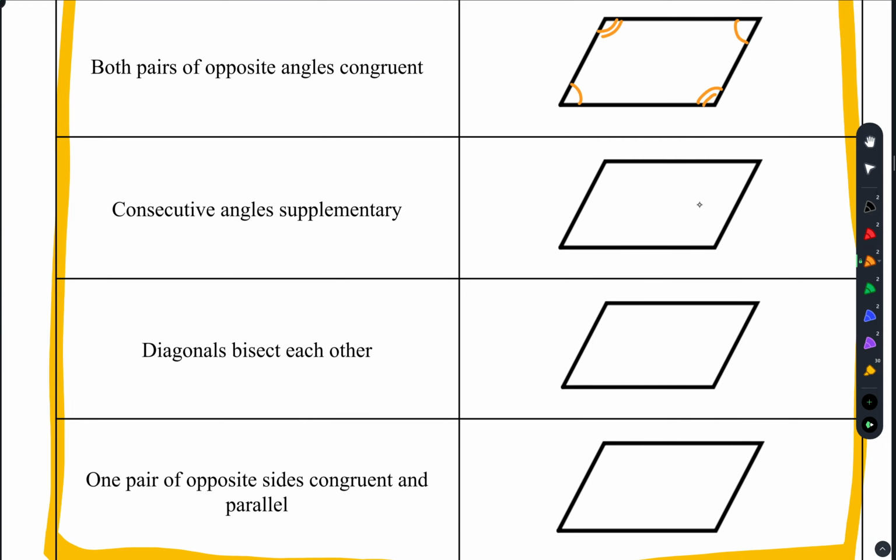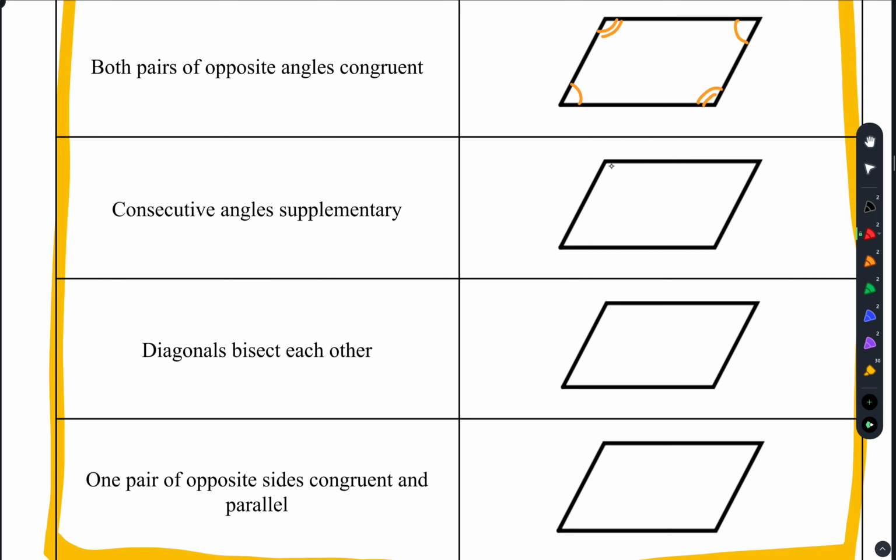Okay, next one is a little bit weirder. It says consecutive angles are supplementary. What does the word consecutive mean? Does anybody know? It means one after another, right next to each other. So consecutive angles are any two angles that are next to each other. They touch each other.